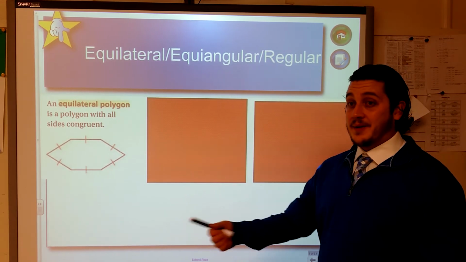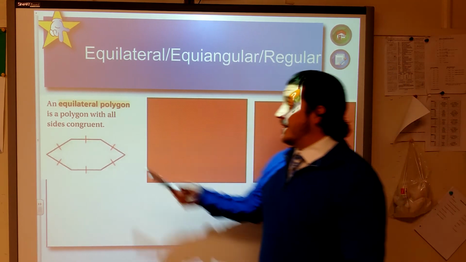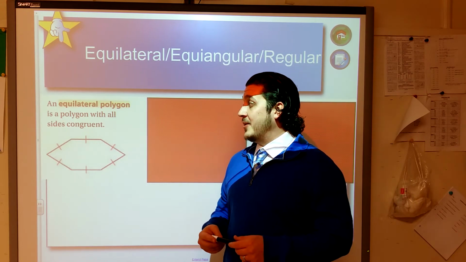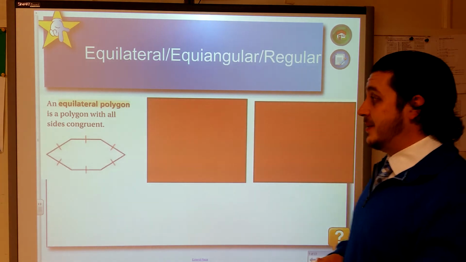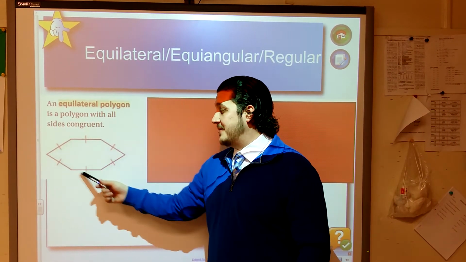Remember when they're equilateral, they're equiangular, but it's not going to work out the same with these other shapes. An equilateral polygon is a polygon with all sides congruent. Doesn't mean the angles are, just the sides.